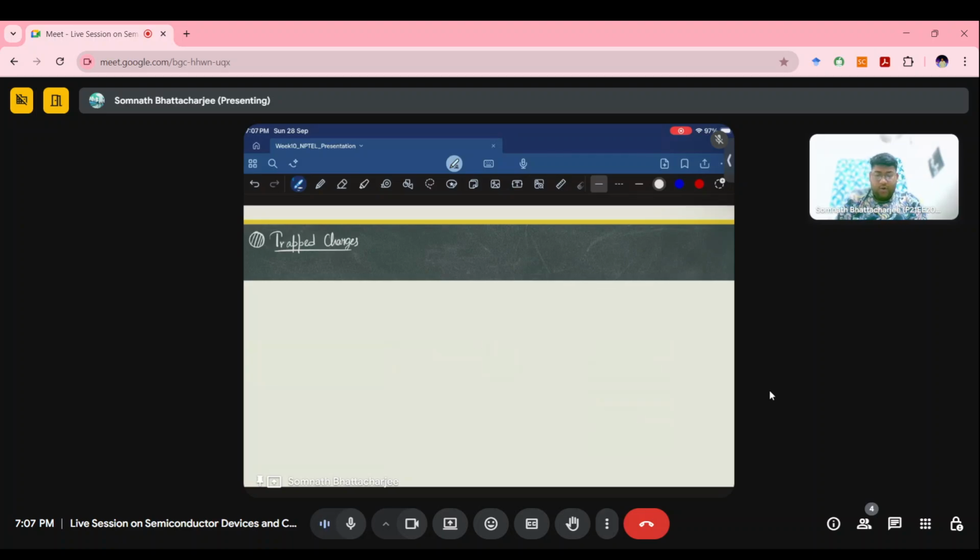Up until now, our basic assumption was that our insulating layer, this insulator, is a perfect dielectric material. So what does it mean?